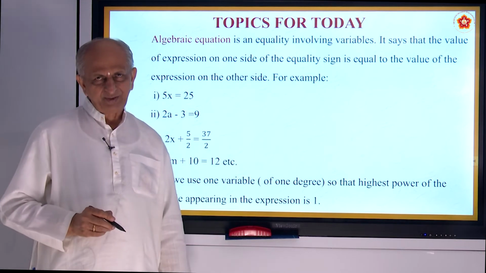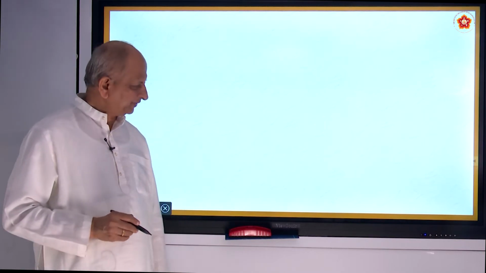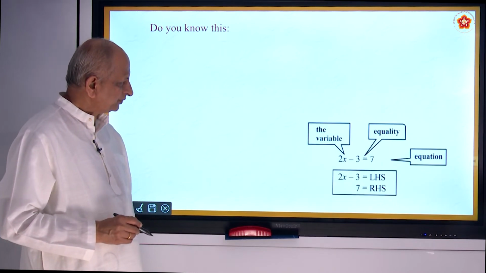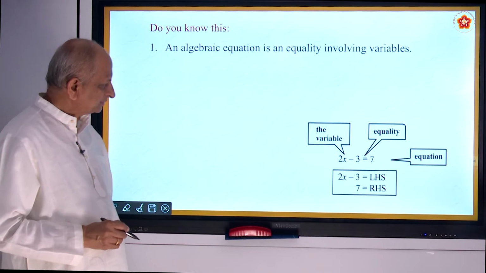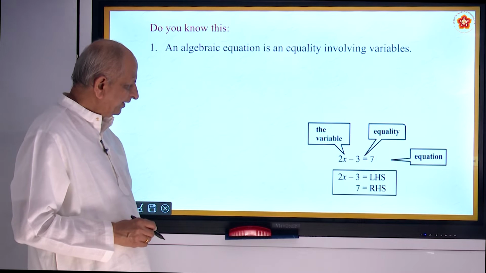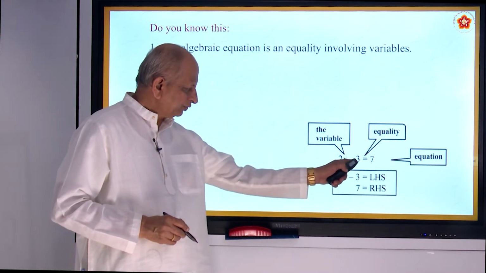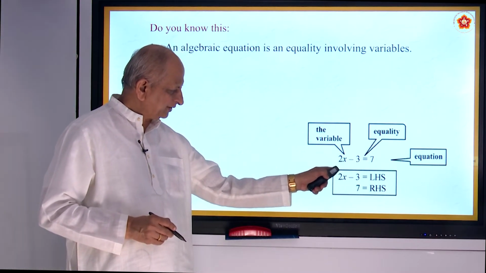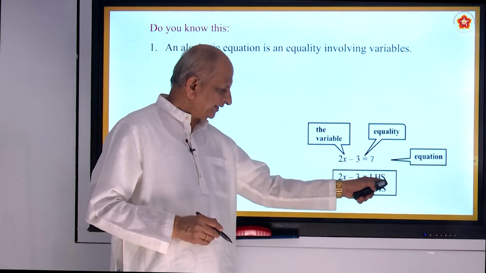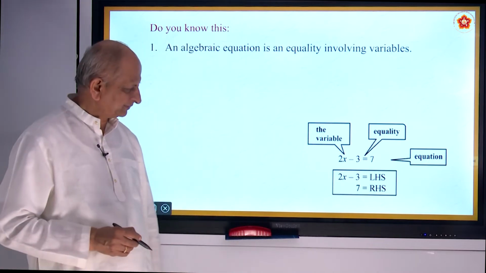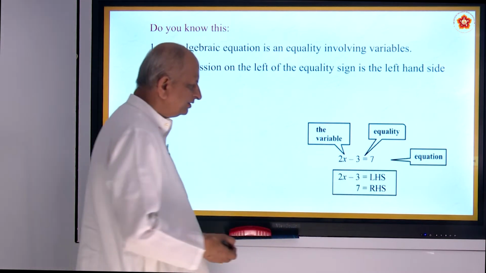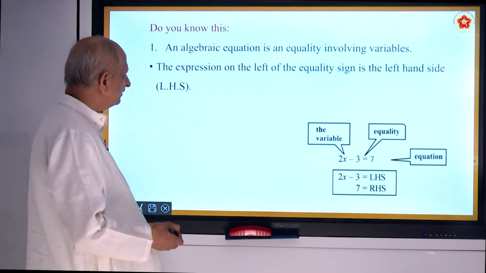Okay. Now shall we try to work out some problems on this? Before solving problems, you should know about the equality sign. The expression on the left of this equal sign is called the left hand side, shortly LHS, and the expression on the right side is called RHS or right hand side.